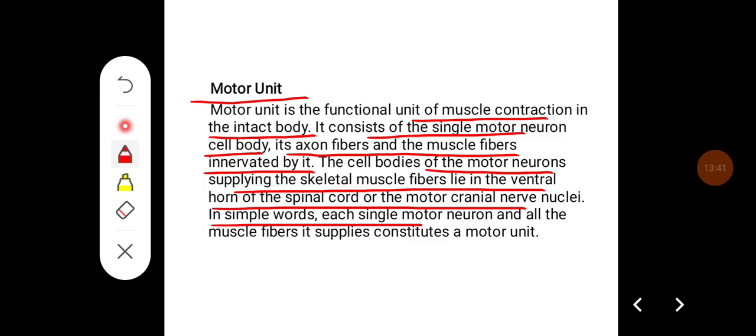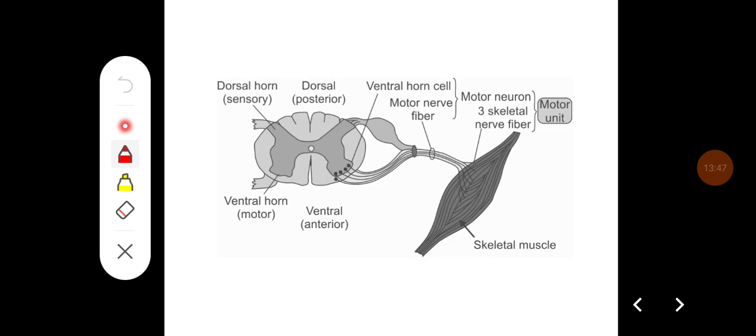In simple words, each single motor neuron and all the muscle fibers it supplies constitute a motor unit. So this is the diagram showing the motor unit. A motor unit is the number of muscle fibers which are supplied by a single spinal motor nerve.